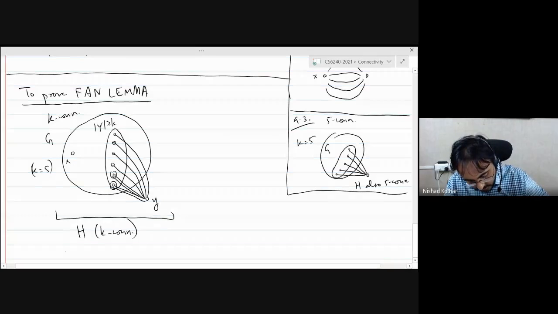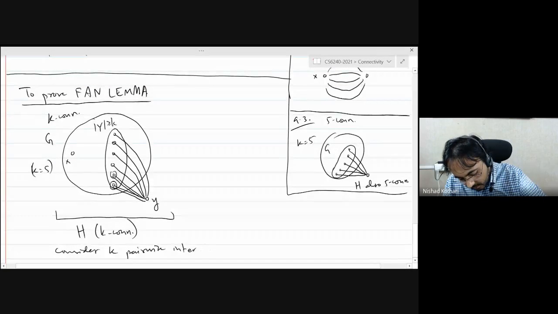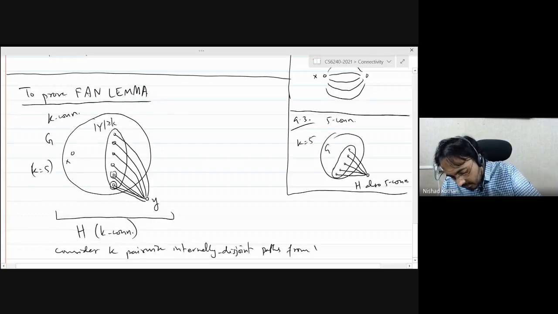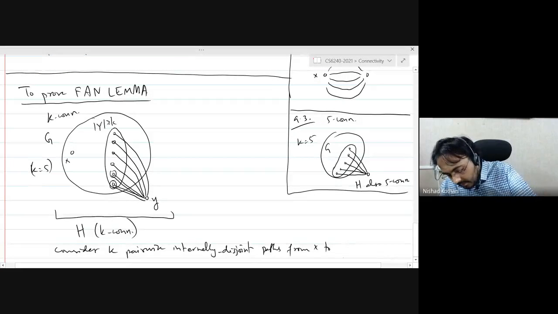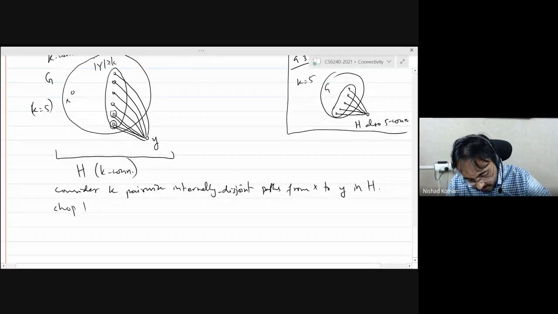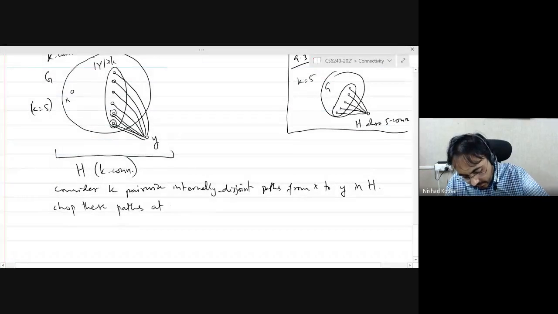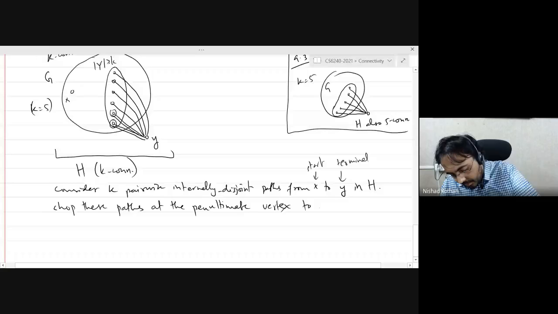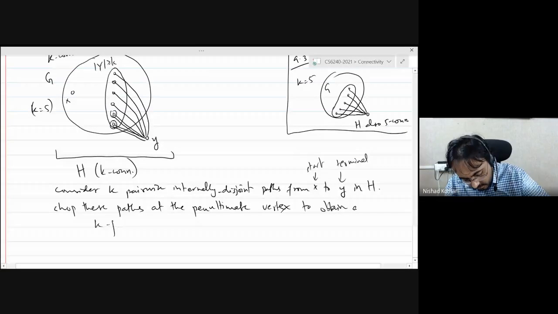So consider k pairwise internally disjoint paths from x to y, little y, in the graph H. And chop these paths at the penultimate vertex, so x is the start and y is the terminal, to obtain a k fan from the vertex x to the capital Y set.